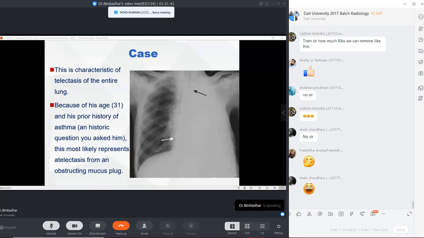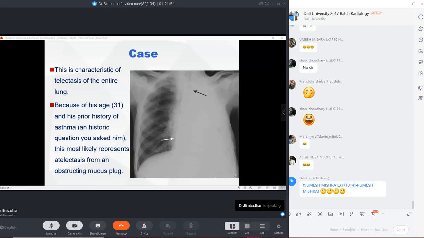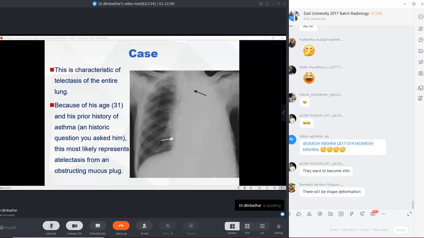See, the reason for removing only one rib is that I cannot pull out the rib from the space present inside. There will be a shape deformation. There will be spinal deformation. So that's the reason only one rib.